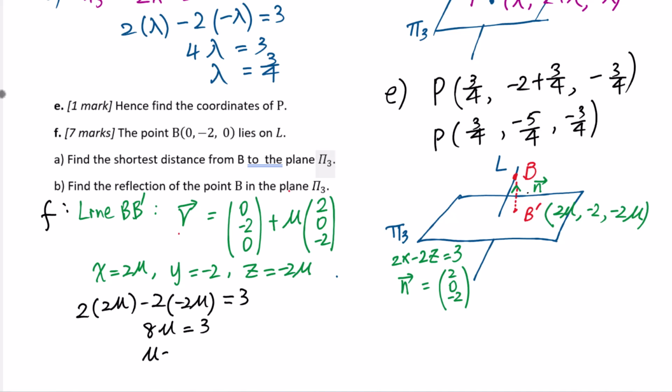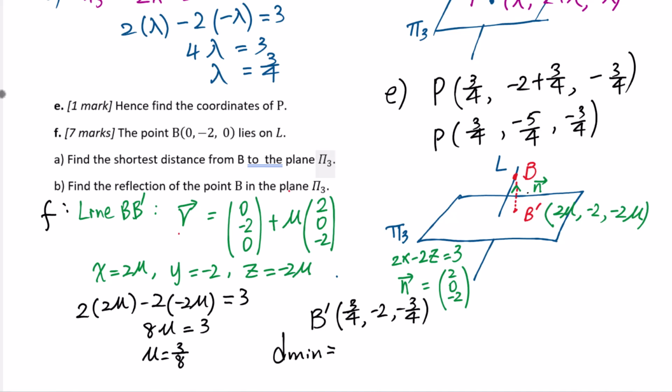So mu equals 3 over 8. Then the coordinates of B prime will be 2 times 3 over 8, which is 3 over 4, -2, -3 over 4.